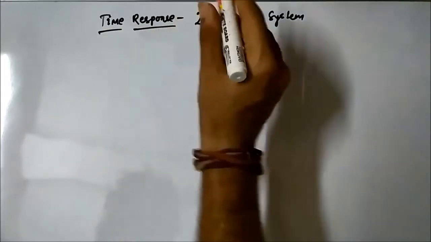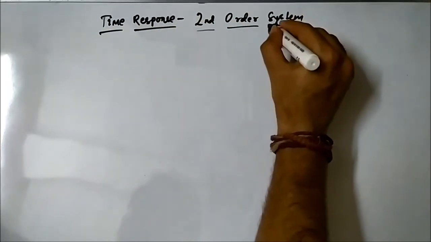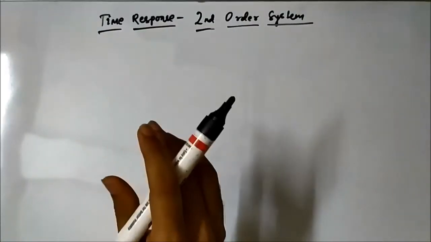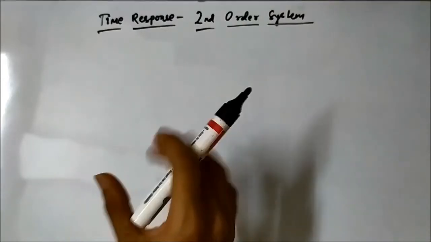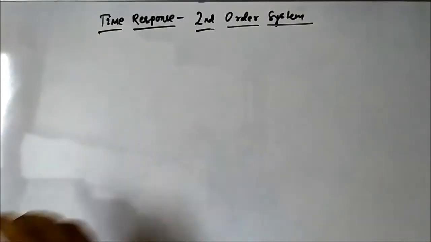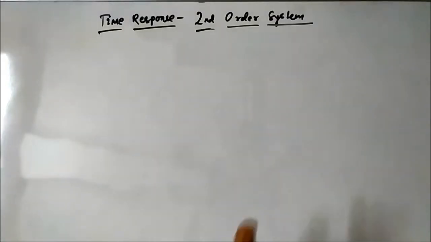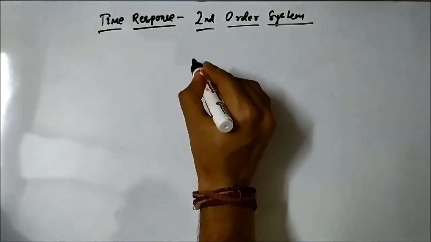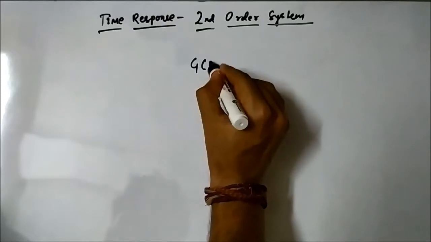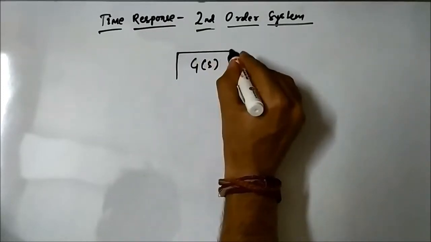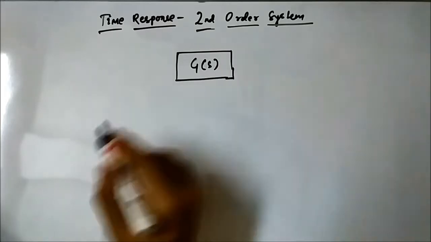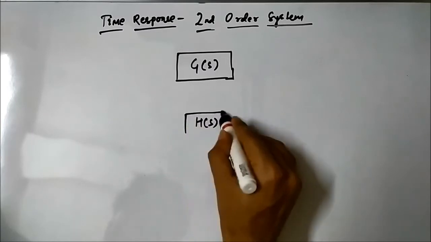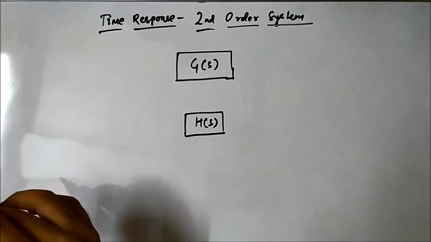If we try to remember the definition of the order of a system, it is the highest power of S in the characteristic equation of the closed loop transfer function. So the basic layout, the basic design of a control system is in this way. This is the forward path gain, this is the feedback path gain, all in the S domain or the Laplace transform domain.